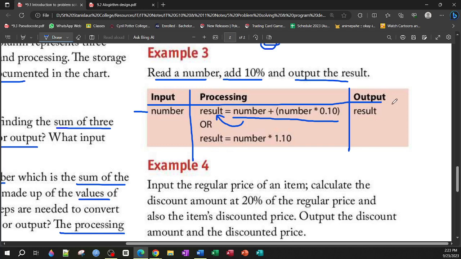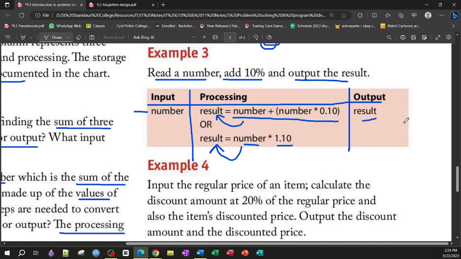So that is why in the output column, when it says the output result, you're basically outputting whatever would have resulted from this calculation here. Or the other form of calculation is that we take that number and we multiply it by 110% basically, and then we store it into that result variable once again, and we output it.